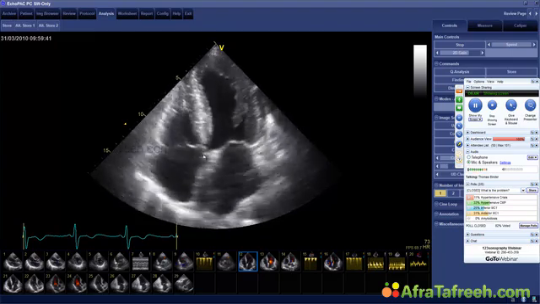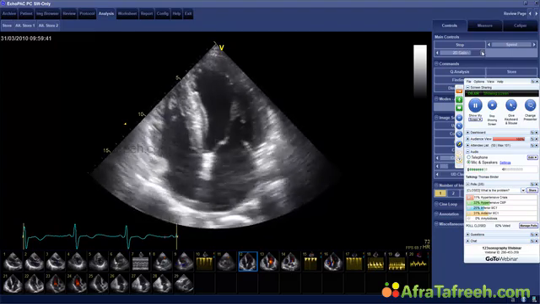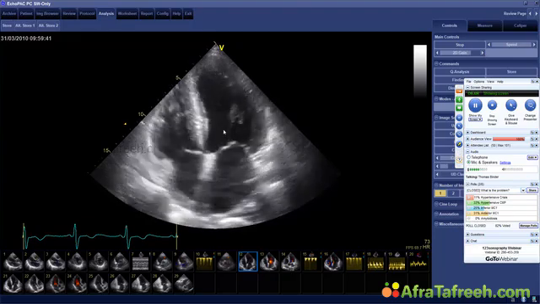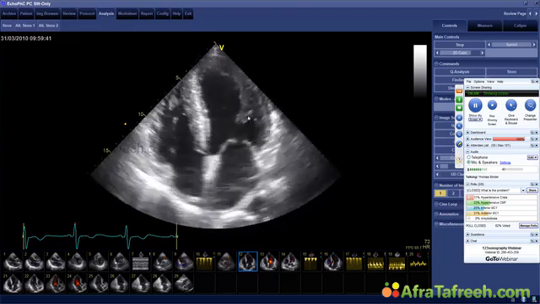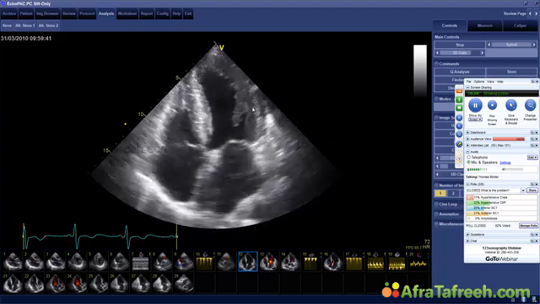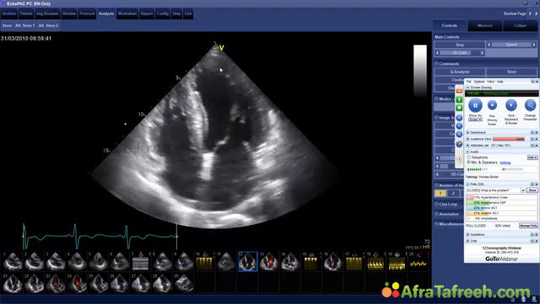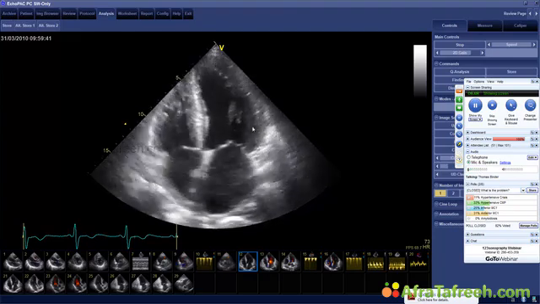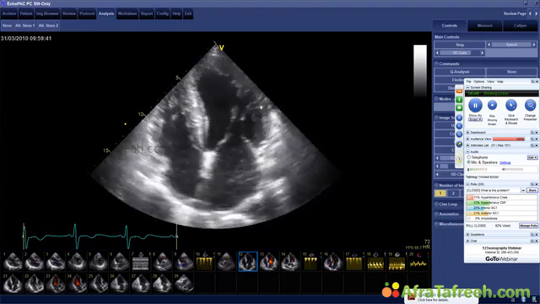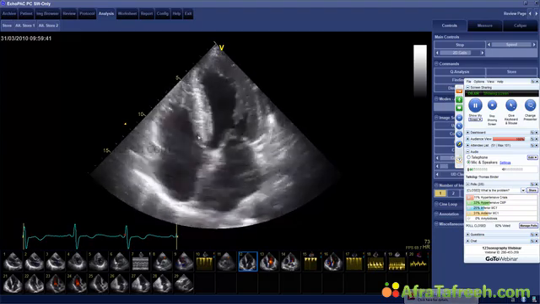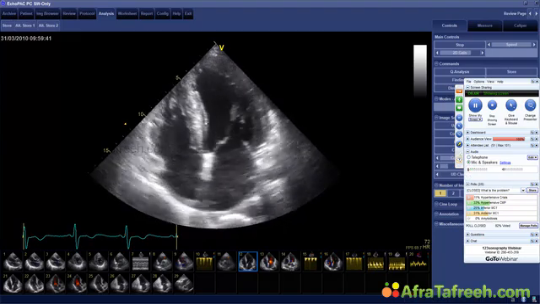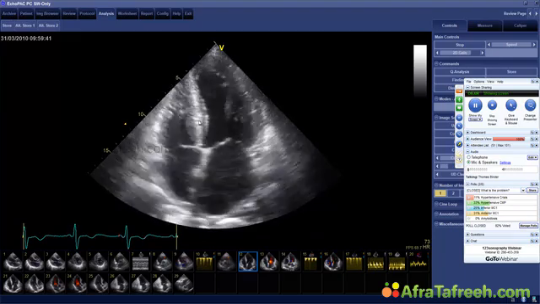Okay, now let's go back again to the question regional or global function and just compare the different segments. Look at the wall motion here at the basolateral wall and compare it with the wall motion, for example, here. You will immediately see that this is almost hyperdynamic opposed to this portion here. The septum does not pump the way it should either.